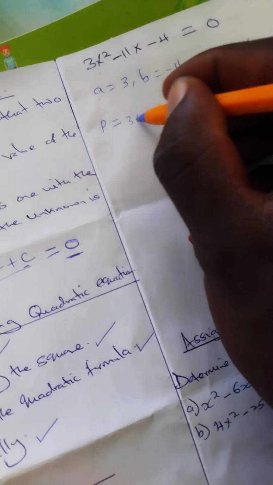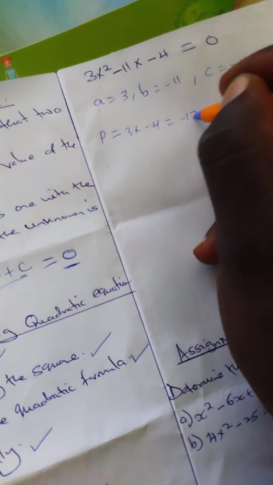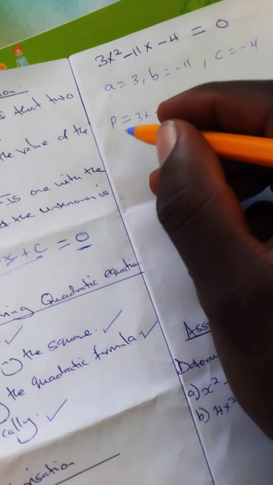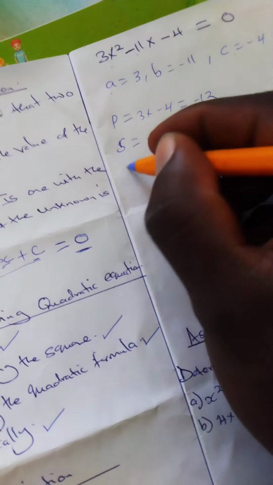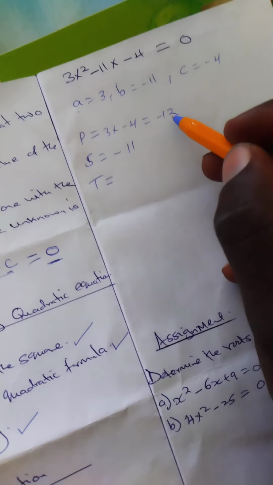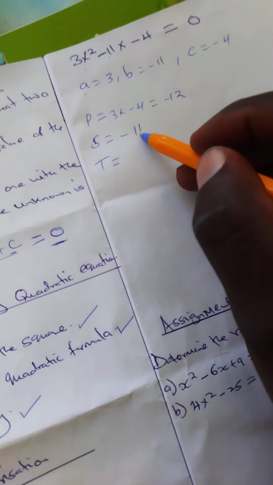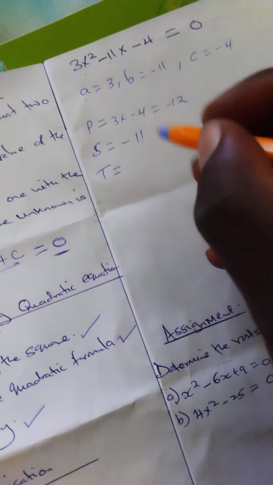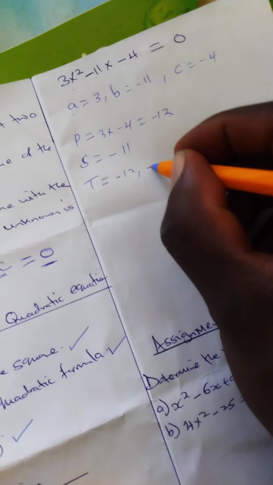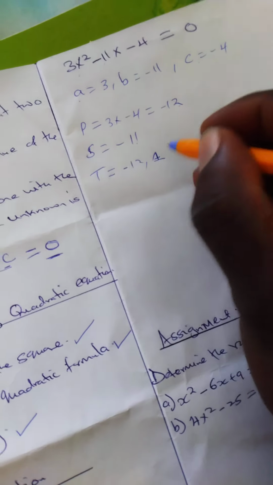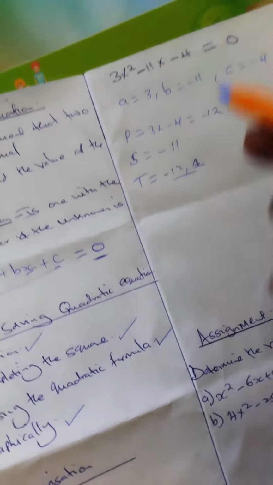So 3 multiplied by negative 4 is equal to negative 12. The sum is equal to negative 11, and the terms are two numbers which, when you multiply, give you negative 12, and when you add, give you negative 11. It is negative 12 and 1. You replace these terms here.